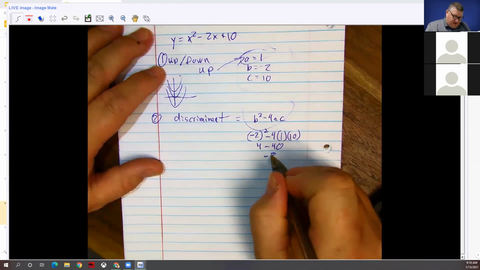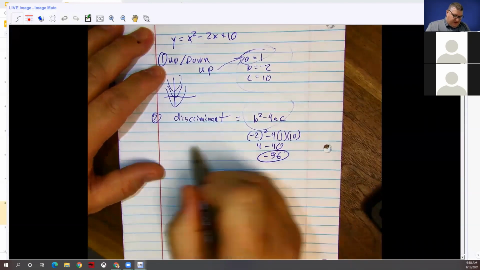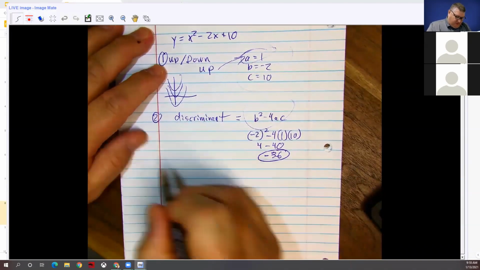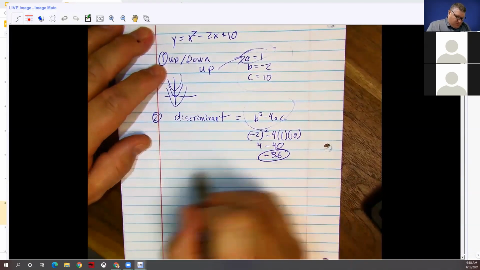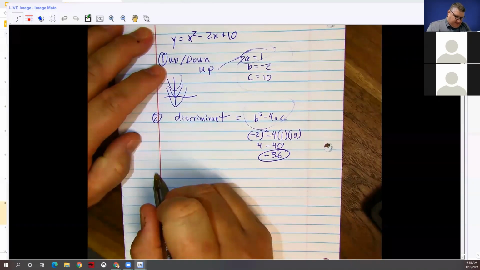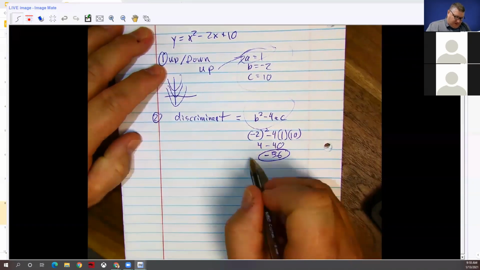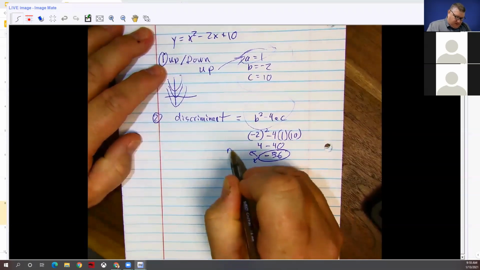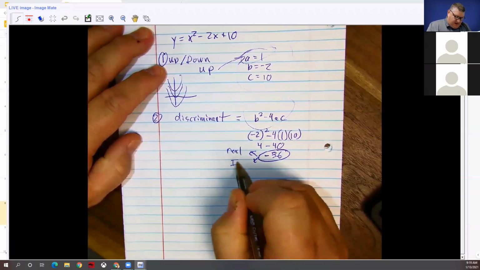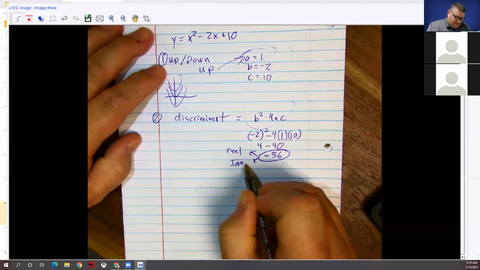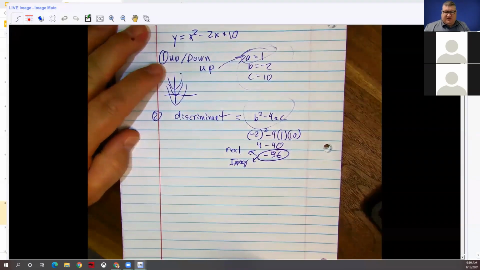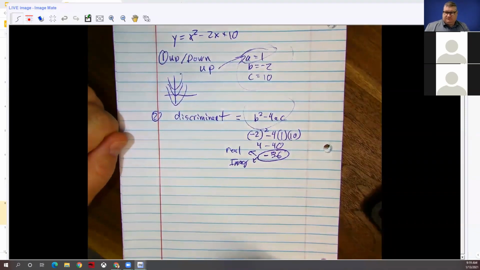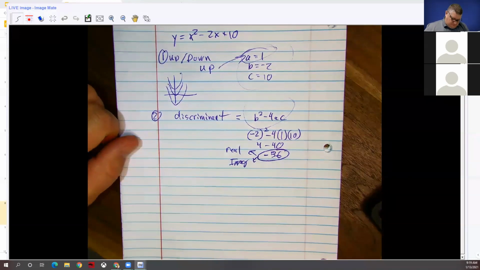-36, I agree. Now, if the discriminant is -36, we need to find what type of roots they are. Is it real or imaginary?